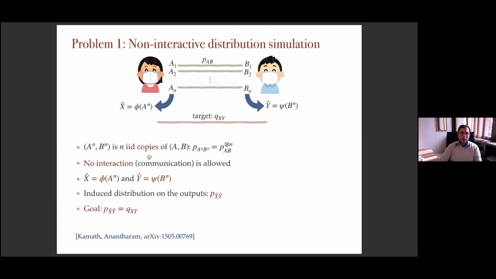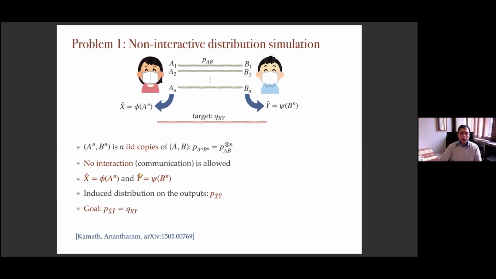Here you see the problem set up in text. As I said, A^n, B^n are n IID copies of some joint distribution P_AB. No interaction is allowed during the computation. They can, of course, fix some strategy before starting the protocol, but after receiving these A's and B's, they cannot communicate.